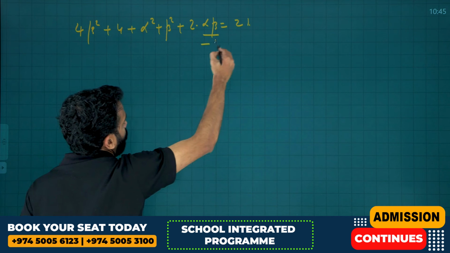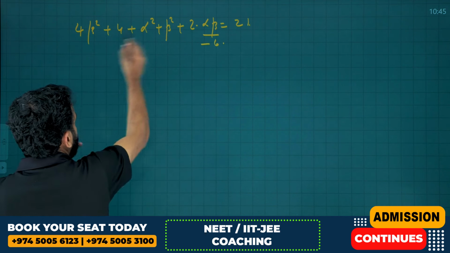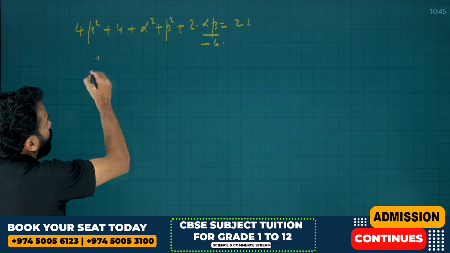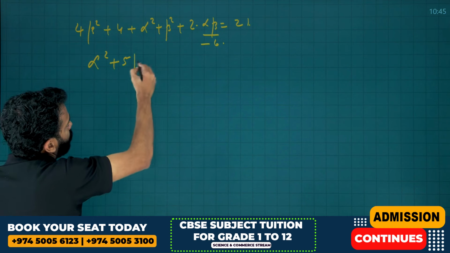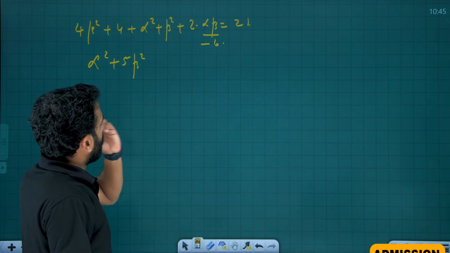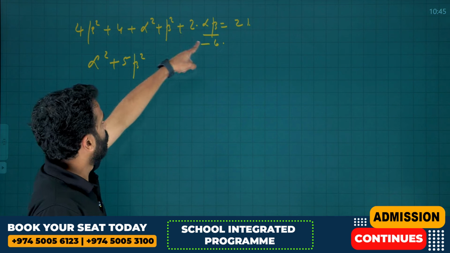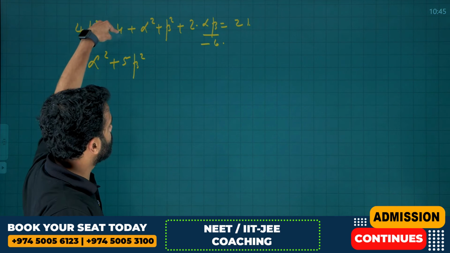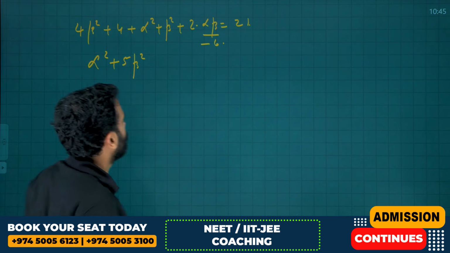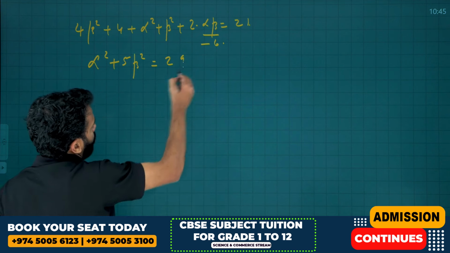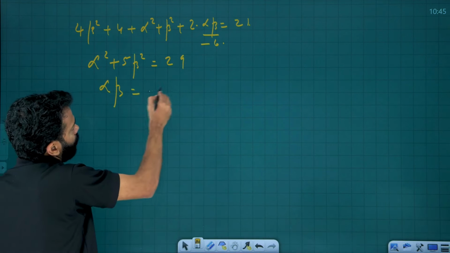The value of alpha beta is -6, and 4 beta square plus beta square is 5 beta square, that is alpha square plus 5 beta square. This is -12, that is -8 goes right, it becomes 29, and alpha beta is equal to -6.